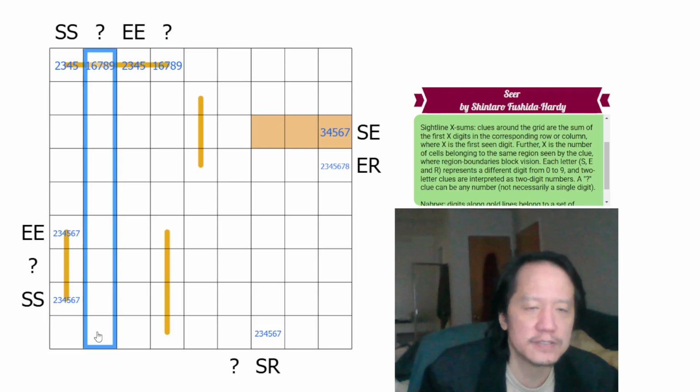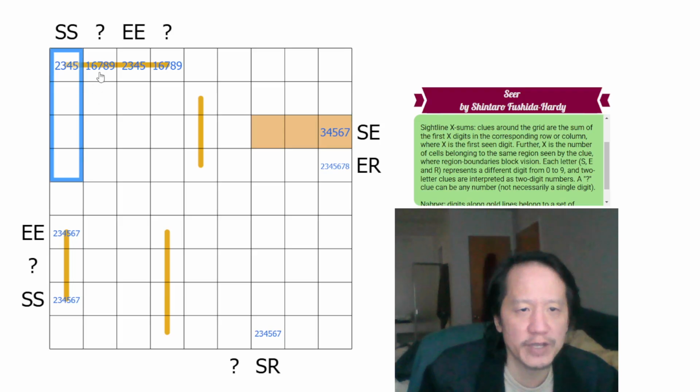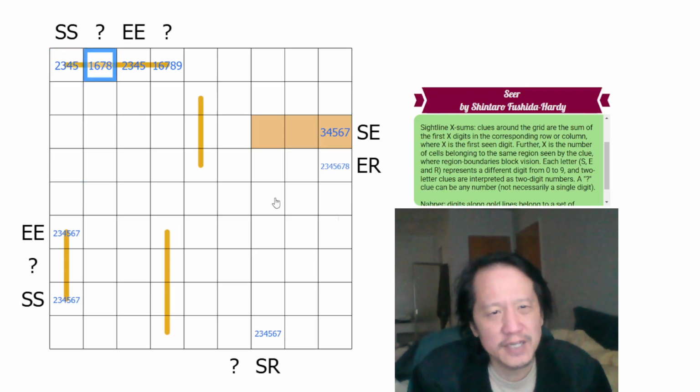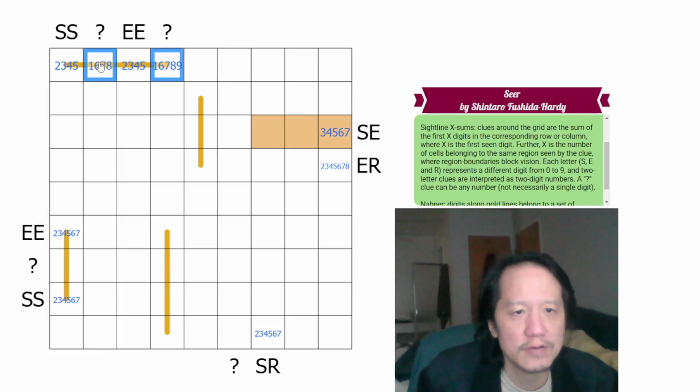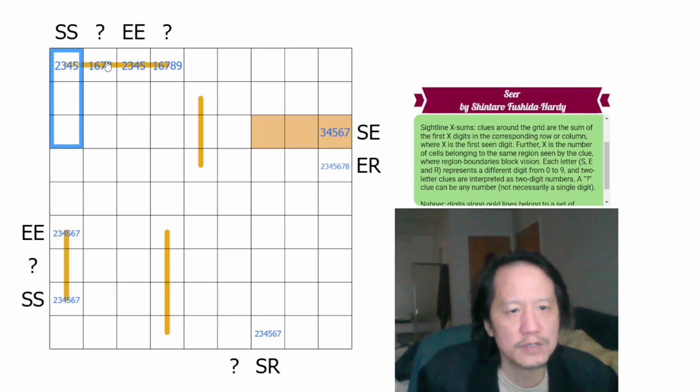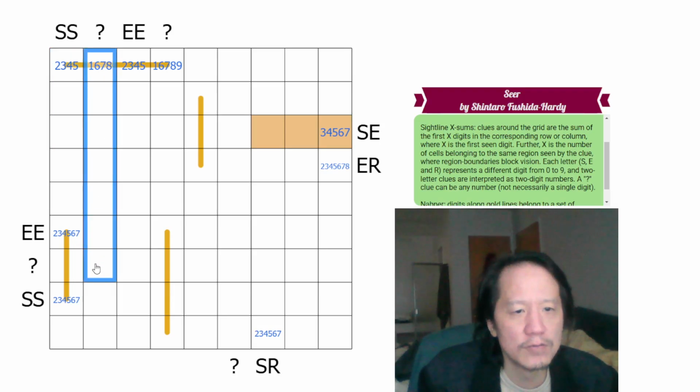That would say this is one region, and this region could not expand. So this can't be 9. Actually, can it be 8, 6, or 7? If this is, I guess it could be 6. No, it can't be 6, because then this is part of a region, and region is blocked. Oh, right.